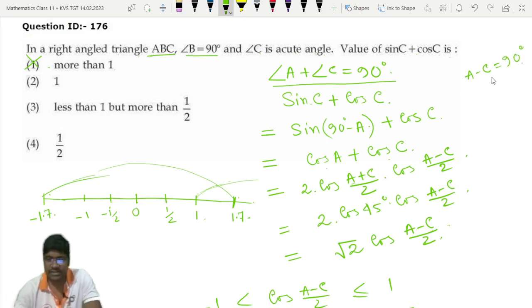A plus C is equal to 90 degree they are telling, but A minus C is equal to 90 degree is not possible, because C is an acute angle. So this is also not possible. Option 2 is also not correct.